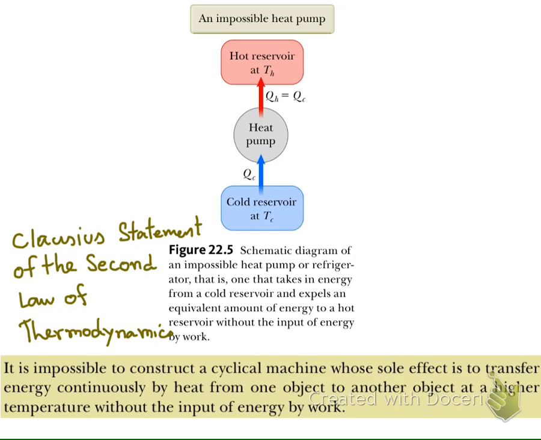This is a statement of the second law of thermodynamics, and it gives us the impossible direction of the energy transfer. That is, we cannot transfer energy in the form of heat from the cold region to the hot region without inputting some mechanical work.